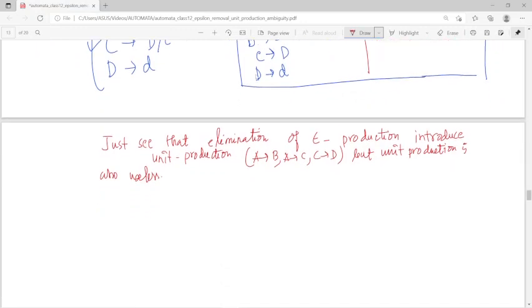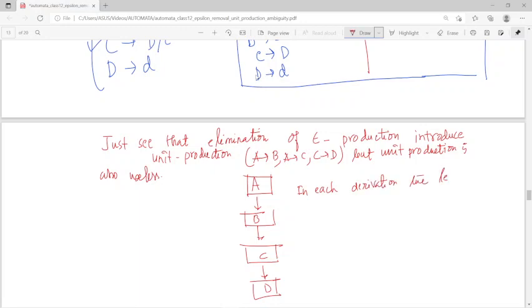Because just see, if we substitute it with B, then we can substitute with C, and again we are substituting with D. That means in each derivation, the length of the string, or the terminals, are not increasing. So it is useless because of the same reasons.